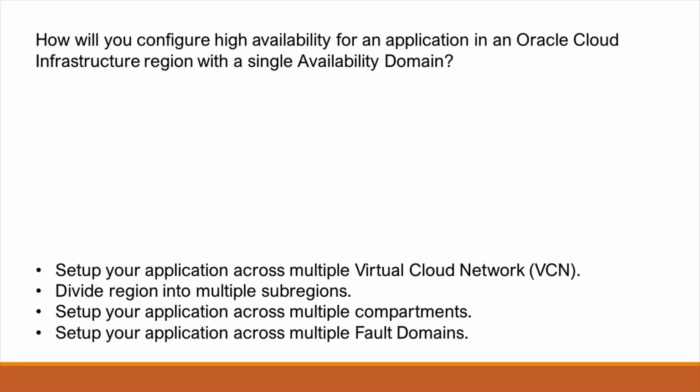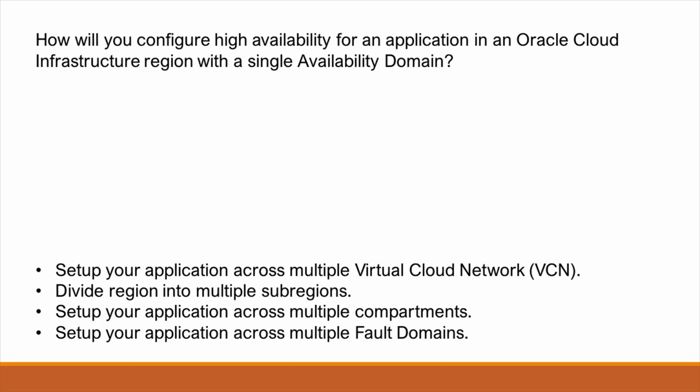Let's talk about this question. How will you configure high availability for an application in an Oracle Cloud Infrastructure region with a single availability domain? Options we have for this question are, set up your application across multiple virtual cloud networks (VCN). Divide region into multiple subregions. Set up your application across multiple compartments.